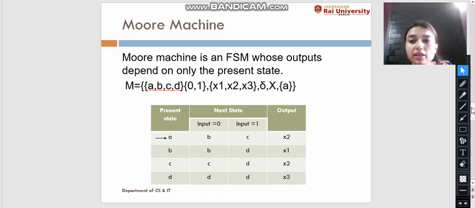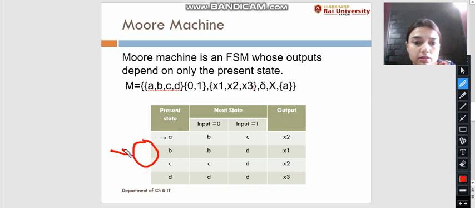So if I have to make the transition diagram of the Moore machine, how will we draw it? So we will have the initial state that is A. Now on giving 0, wait, let me clear the diagram.